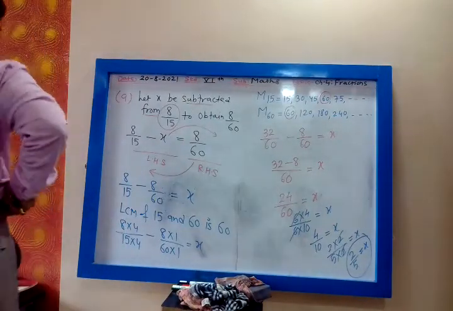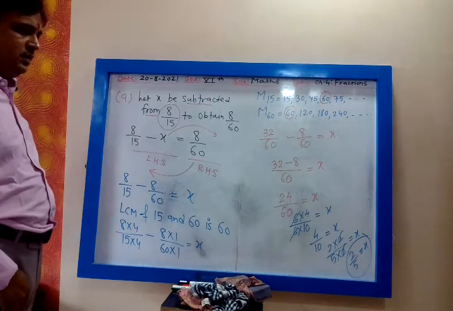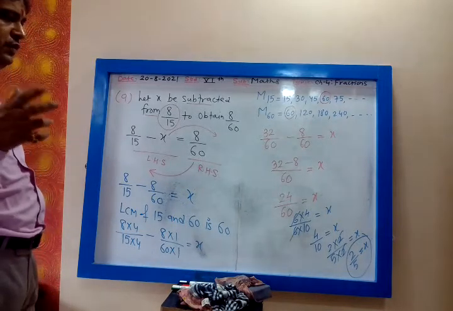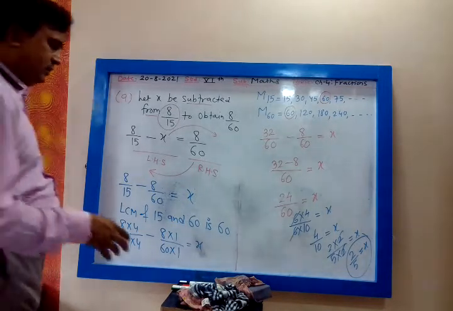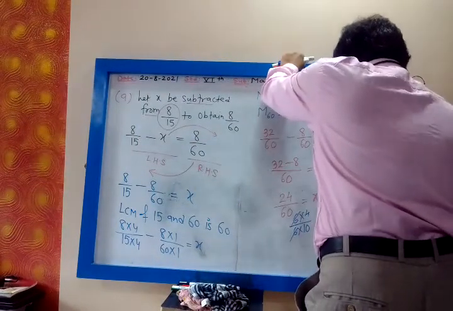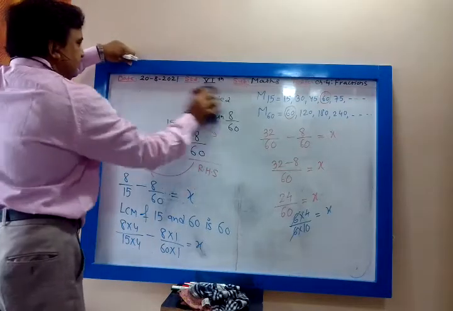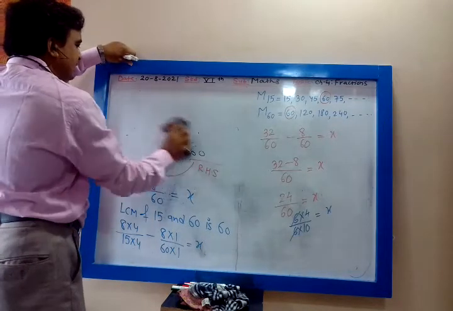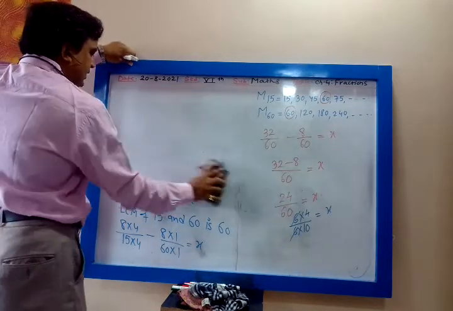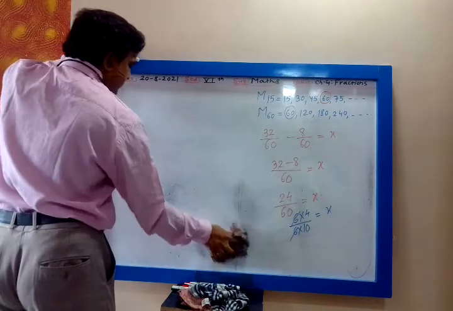So 2 upon 5 is subtracted. You have to write it in the lowest term, my dear. Whichever fraction is given to you, you have to write that fraction in the lowest term.